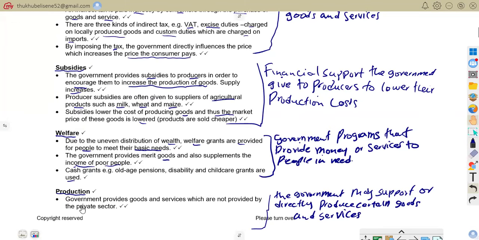As it says, government provides goods and services which are not provided by the private sector. Government provides goods and services which are not provided by what? By the private sector. So this is where the government may support or directly produce certain goods, like I've said about electricity and water. Those are goods or services that cannot be provided by the private sector.